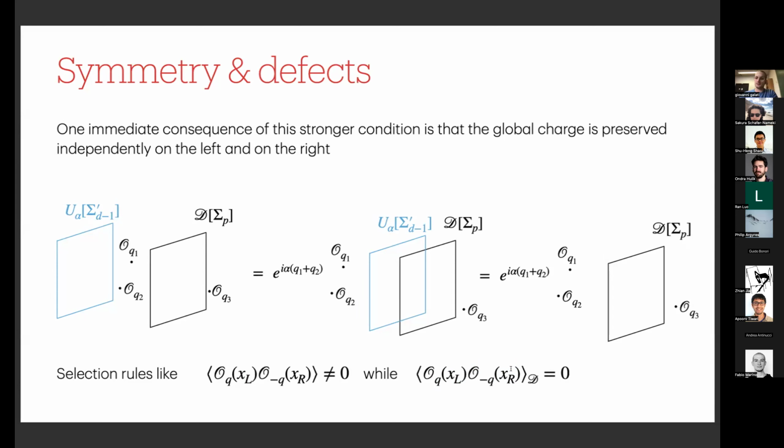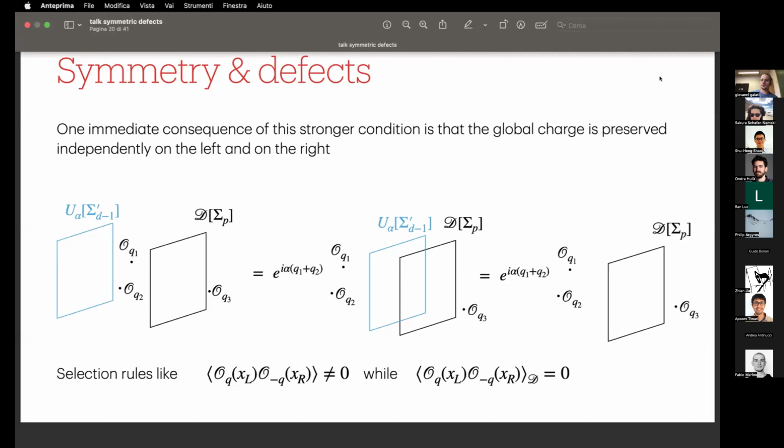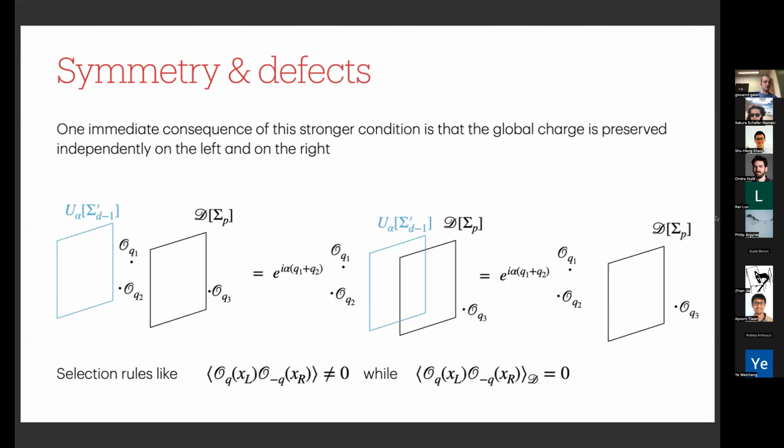Okay, other questions about these selection rules? Is it possible to drag the charged operator across the defect? You want to do the OPE of the charged operator with the defect? Yeah, so in a conformal theory, this can be done, but generically you can also have singular terms.